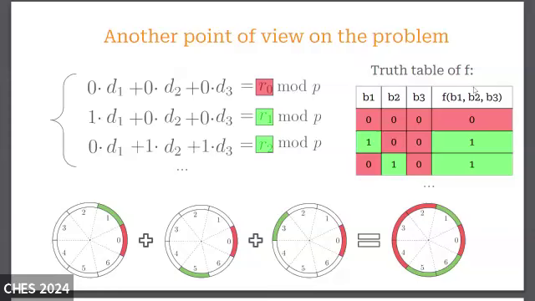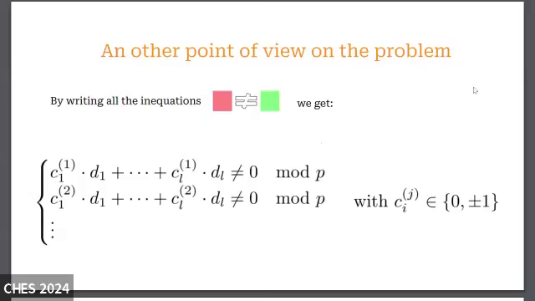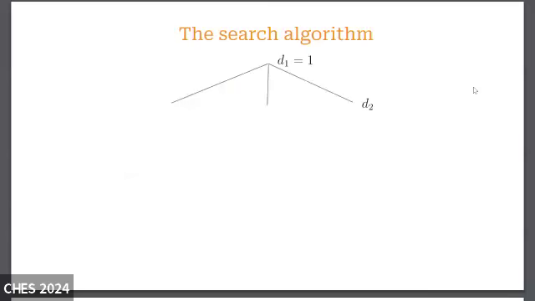And so if you rewrite this problem with this setting, you get some kind of linear system that is not actually a linear system, because you have differences, you have inequations, and you are modulo a prime number. But actually, this is really easy to solve with a simple recursive search, really basic, where you fix the first d_i, and then you have all the solutions for the second one.